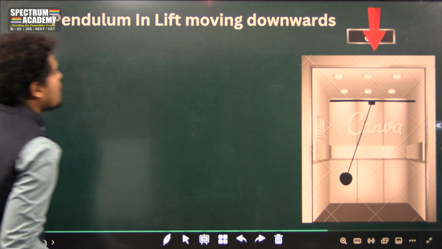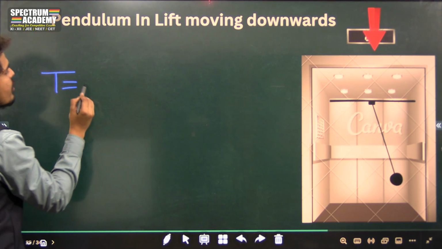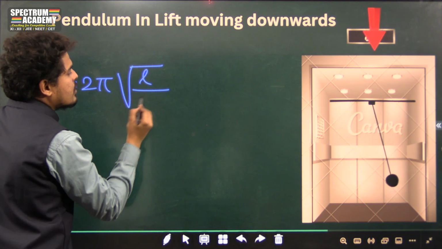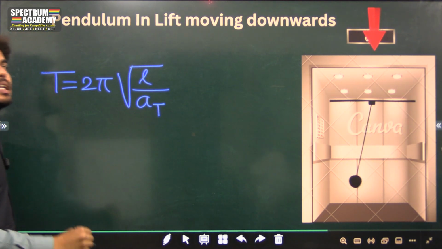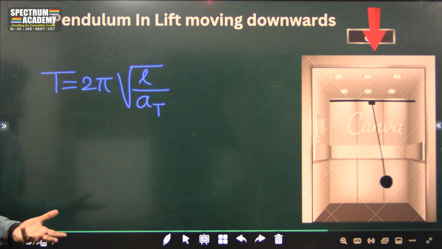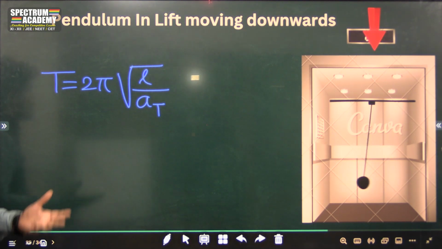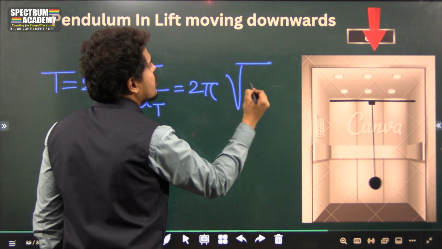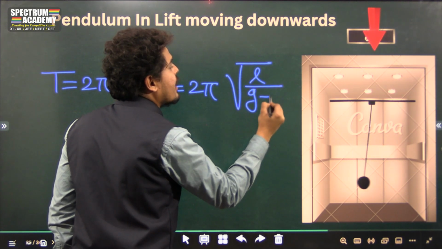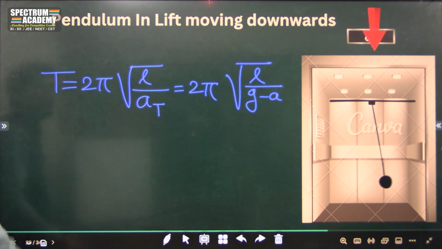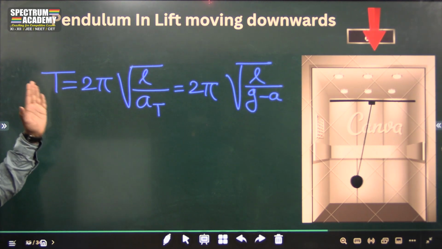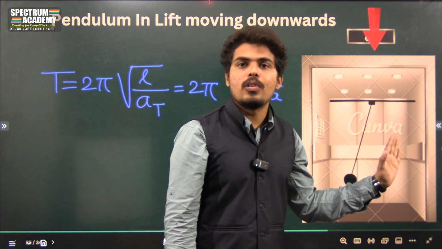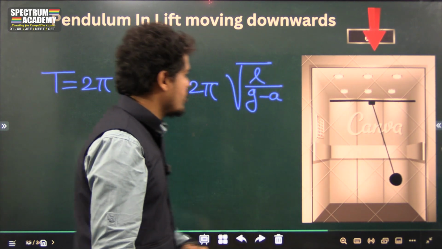So we can write the period here. So T equals 2 pi under root of L upon total resultant acceleration, L upon g minus a. So equals 2 pi under root L upon g minus a is the resultant period of the bob of the simple pendulum in the lift moving downwards.